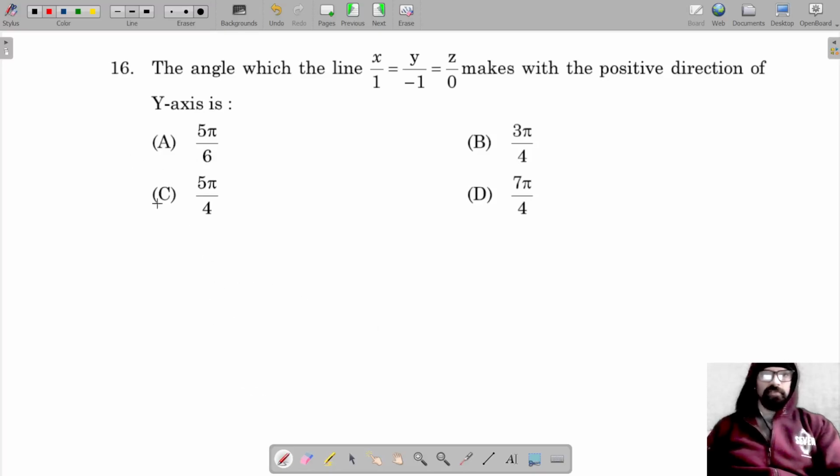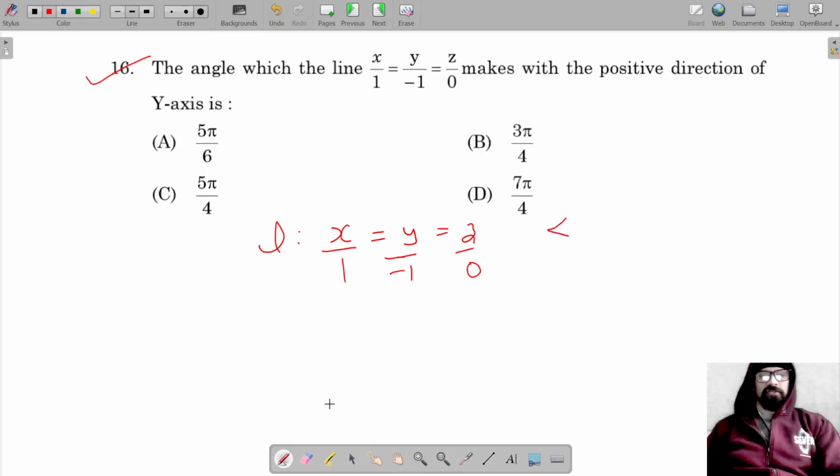Okay, for question number 16, we have to find the angle which this line makes with the positive direction of the y-axis. So we have two lines here. This is line, let's say L, which is given to us. The equation of the line L is given. So L is x by 1 is equal to y by -1 is equal to z by 0.